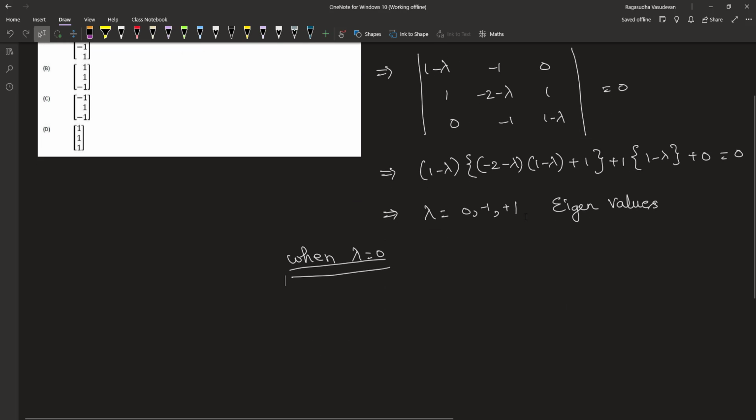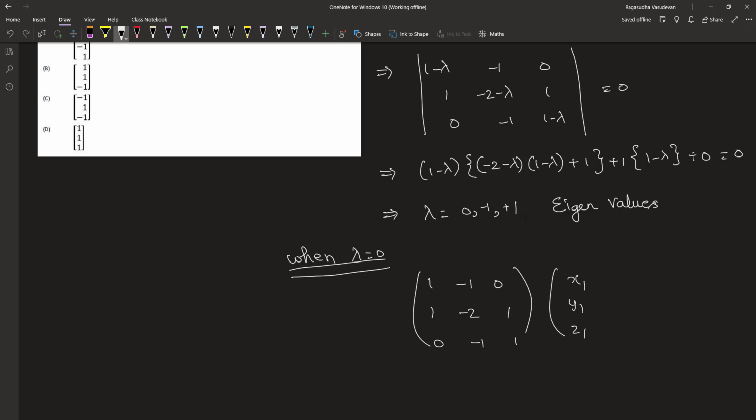Let us find out the eigenvectors when lambda is equal to 0. When lambda is equal to 0, the characteristic matrix becomes [1, -1, 0; 1, -2, 1; 0, -1, 1]. This into [x1, y1, z1] is equal to 0.